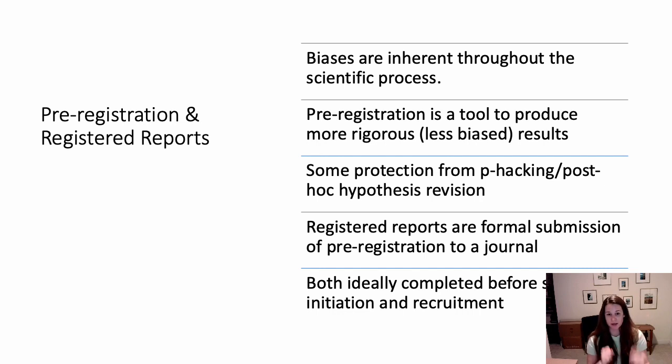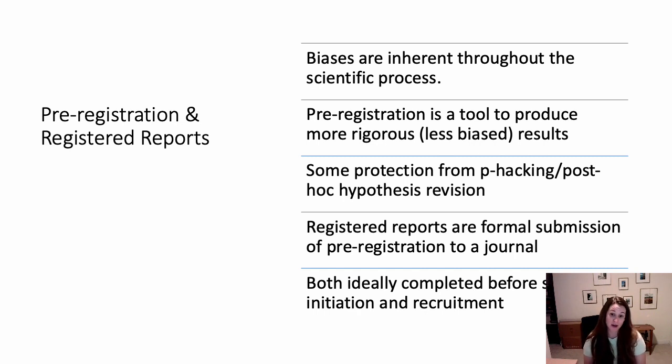If in the future you want to submit the results of that study, that journal is essentially giving you a guarantee that, as long as you are using the methods that you stated that you would use in your registered report, and that you are doing this with fidelity, they will accept the paper regardless of the actual findings.